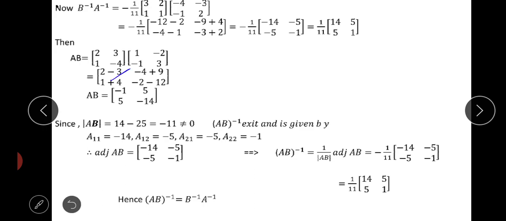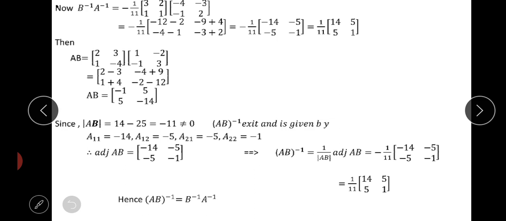First row with second column: 2 into minus 2 is minus 4, 3 into 3 is plus 9. Next, second row with first column: 1 into 1 is 1, minus 4 into minus 1 is plus 4. Then second row with second column: 1 into minus 2 is minus 2, minus 4 into 3 is minus 12.